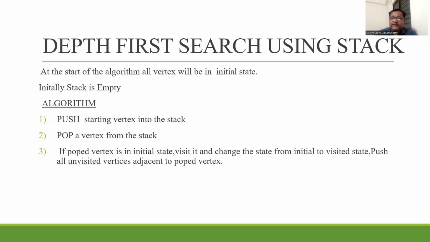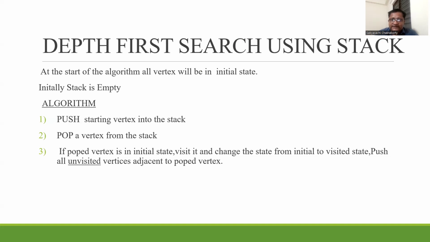The vertex will be included in the visited array and deleted from the initial array. After visiting, we will explore the vertex, which means the descendants will be generated.